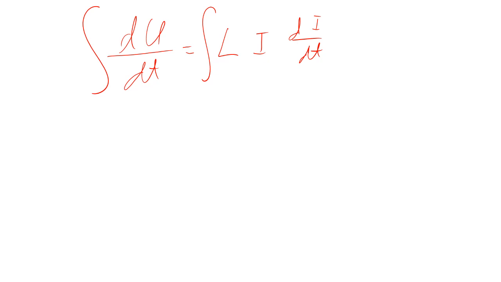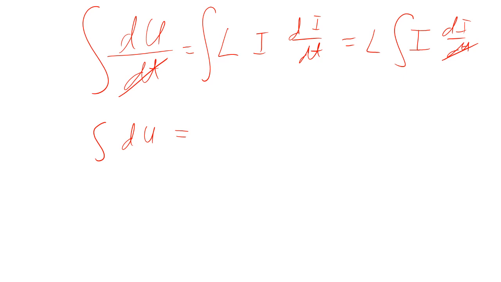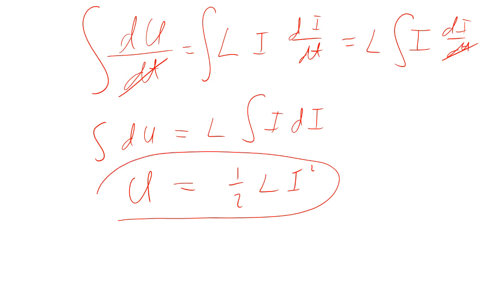Since the inductance is constant, we can divide both sides by dt, and so we have the integral of du equals L times the integral of I di. And so this is going to be U, the energy stored, 1/2 L I squared. And so that is the energy that's stored in the inductor.